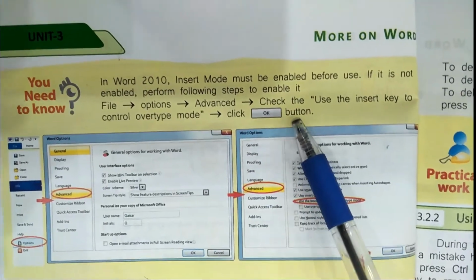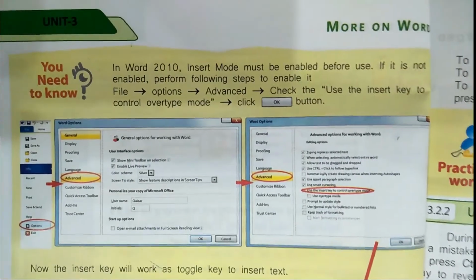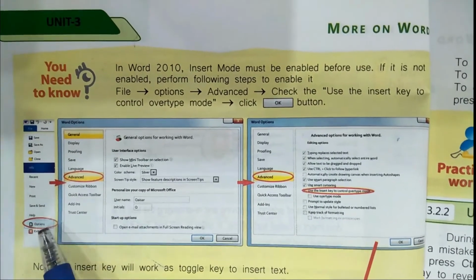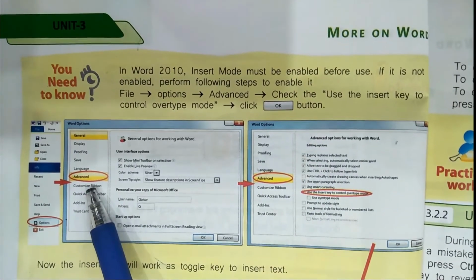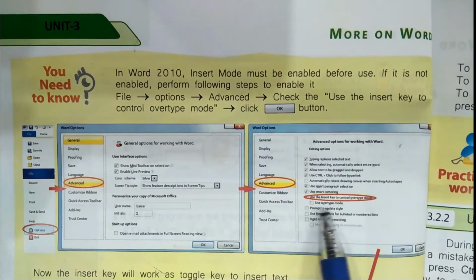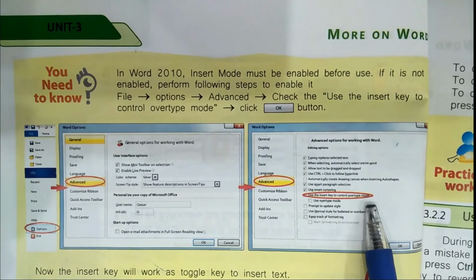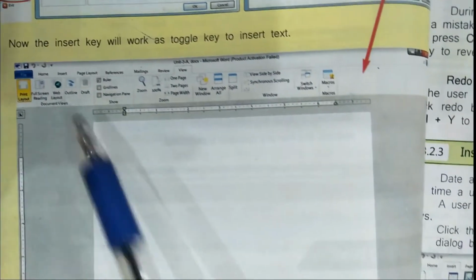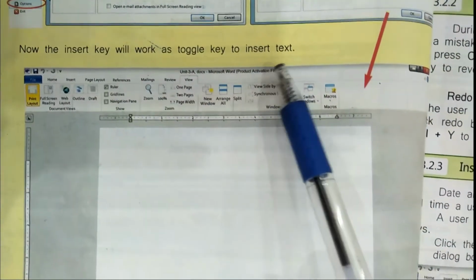Then click OK button. As you can see in the diagram, first you have to click the file, then options, then advanced. Then check the use the insert key to control our type mode and click OK button. Now the insert key will work as toggle key to insert text.